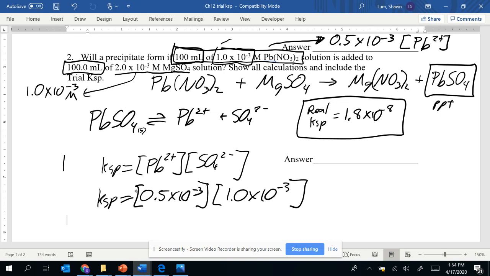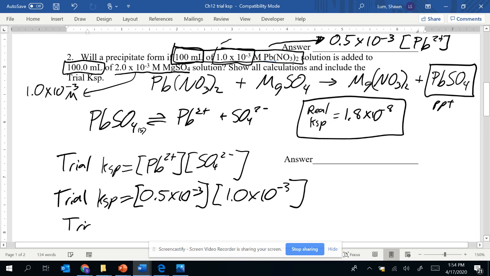And by the way, I should be writing trial KSP. So my new trial KSP is going to be, well, I take these two numbers and multiply them together. So I'm going to go 0.5 times 10 to the minus 3 times 1 times 10 to the minus 3.